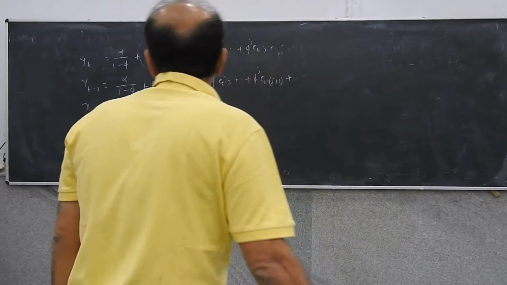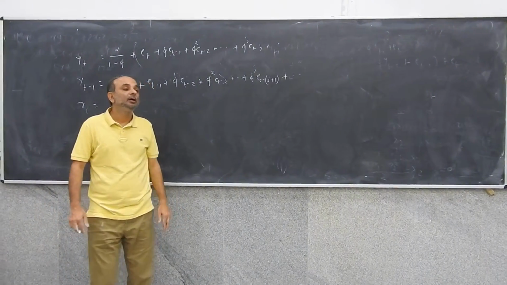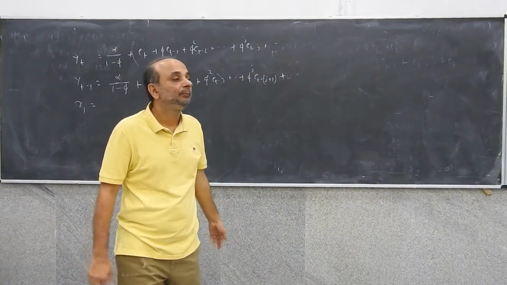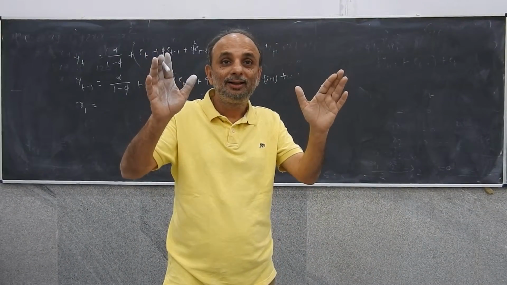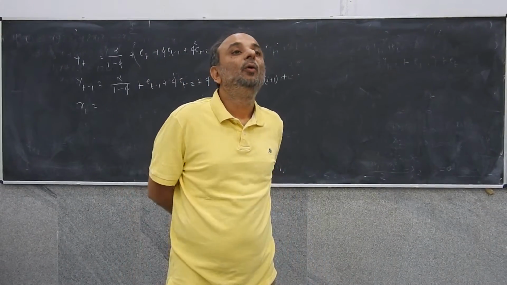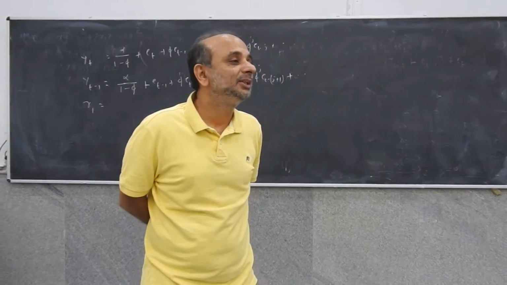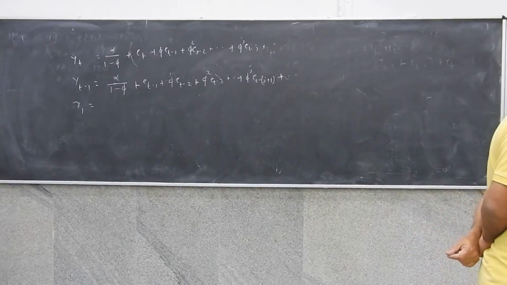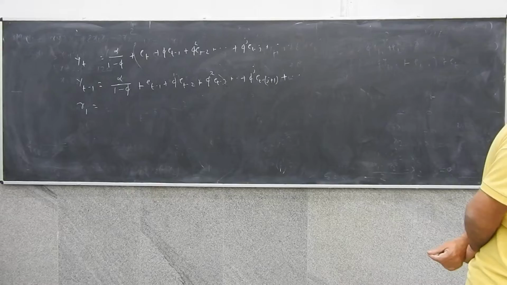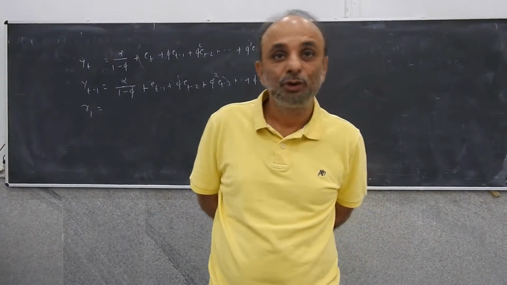Okay. Now, what will be gamma 1? What will be expectation? What is covariance xy? What is the formula for covariance xy? Expectation of x minus expectation x into y minus expectation y.